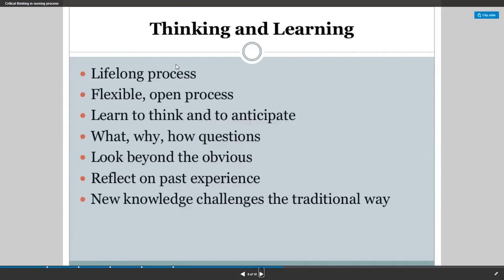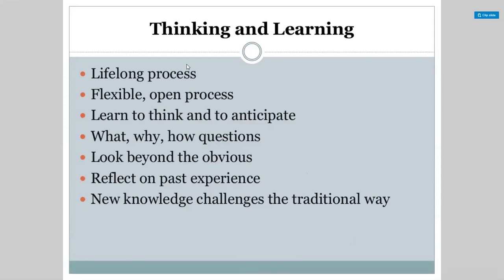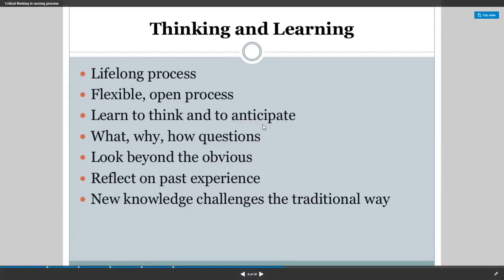Then regarding thinking and learning, it is a lifelong process, flexible, and an open process. Learn to think and to anticipate. Anticipate means guessing that something which has not occurred might happen. So learn to think and to anticipate; what, why, and how questions should be there. Look beyond the obvious.